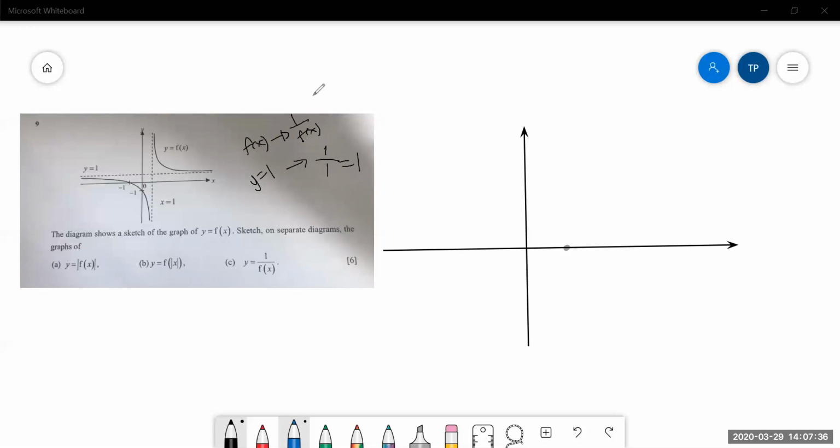So my horizontal asymptote will still stay. I'm going to use blue color for the horizontal asymptote, and this will be my y equals 1. So I'm done with the vertical asymptote and the horizontal asymptote.